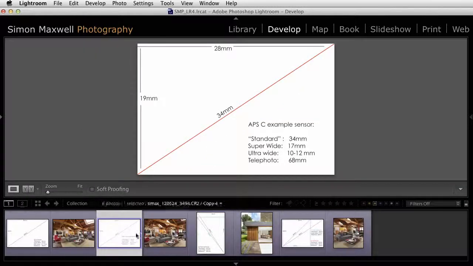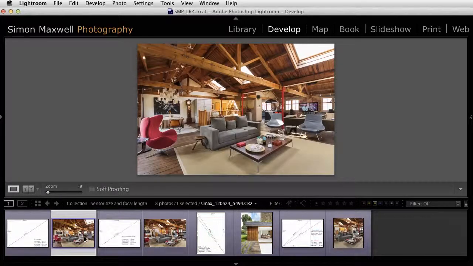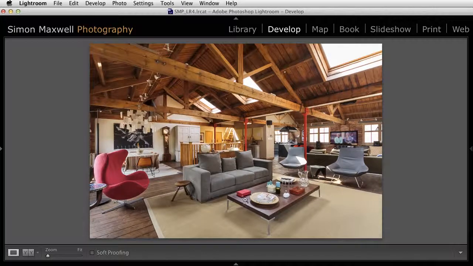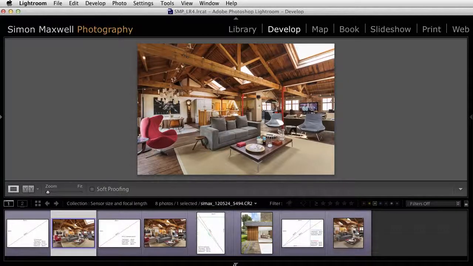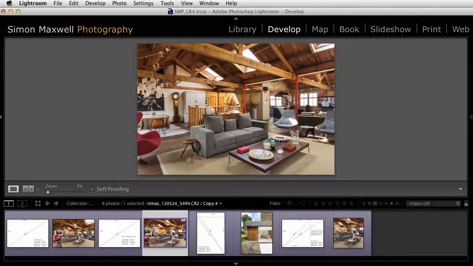So to look at these in practice, that's my shot on a full frame with my 17mm lens. If I was to use that 17mm lens on an APS-C size sensor, I'm going to get a crop factor like that.